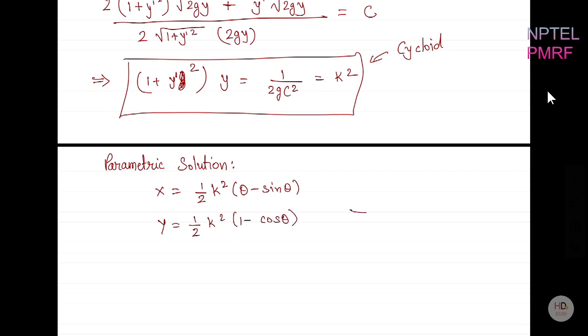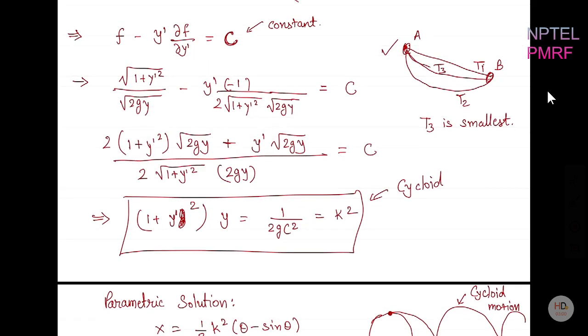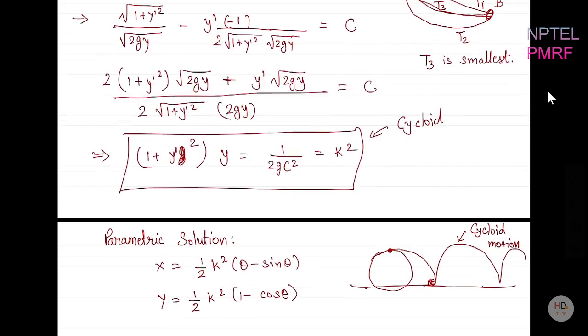And if you imagine a wheel that is rotating and moving along a horizontal plane, and then just fix a point, color it, and look at its path, then what it does is this kind of cycloid. So this is a cycloid motion, and very interestingly, it's the same curve that minimizes the time.